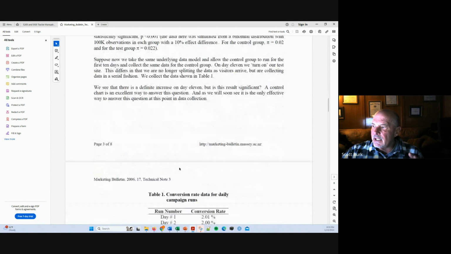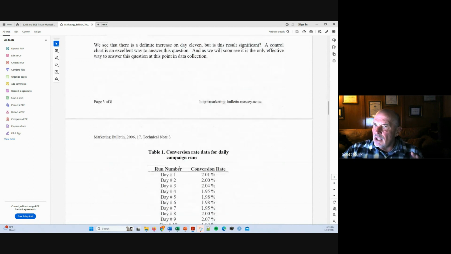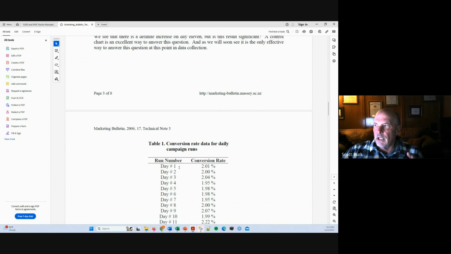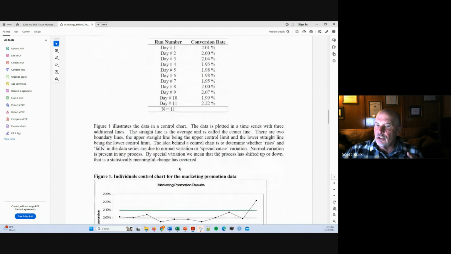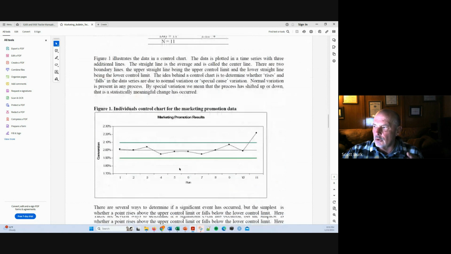And the bottom line is that using a control chart, it's much more sensitive to a change. You can identify a significant change much quicker in a control chart.